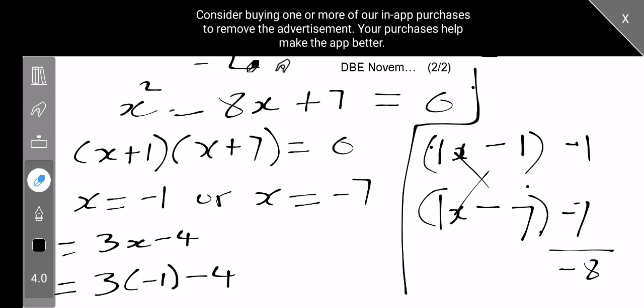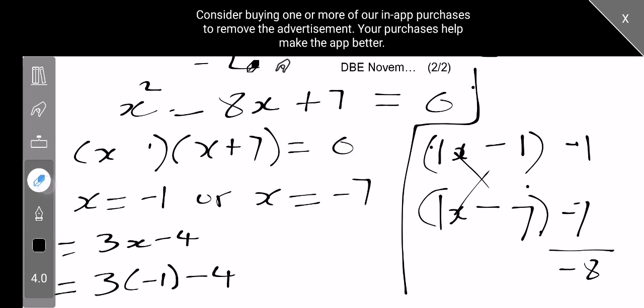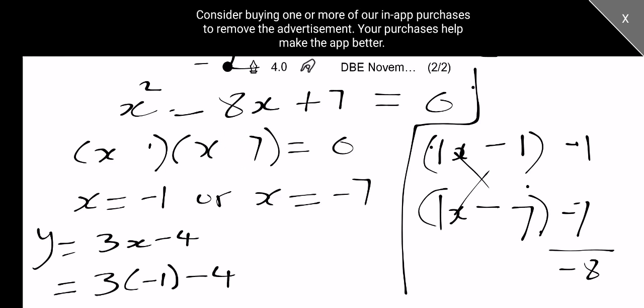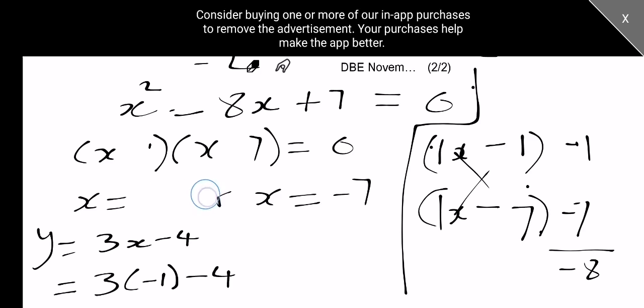So I'm going to correct this here. I'm also going to correct this, also going to correct this and this. It is -1, -7.